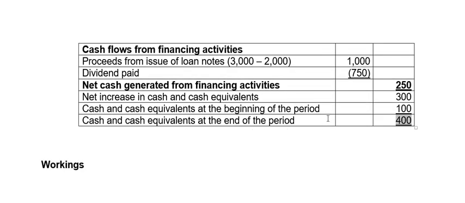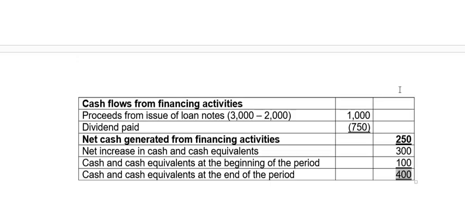So you see this statement of cash flows shows you how the company's cash position has changed over a specific period. At the start, the cash and cash equivalents balance was 100, but by the end of the year, it's 400. So the cash position has changed by $300,000, and we can see where this $300,000 is coming from.